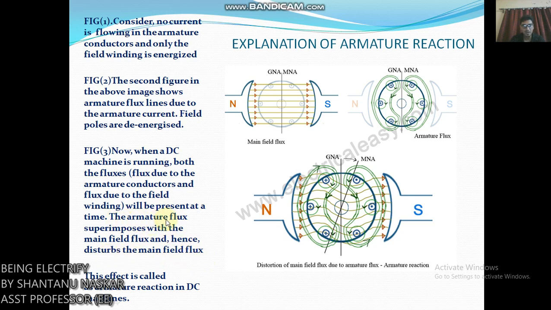The armature flux superimposes with the main field flux and hence disturbs it. This effect is called armature reaction in a DC machine.